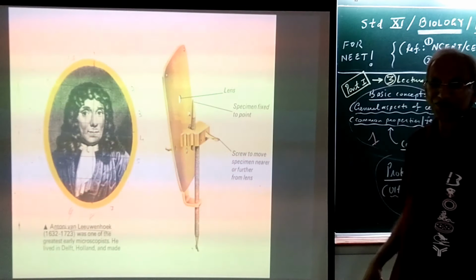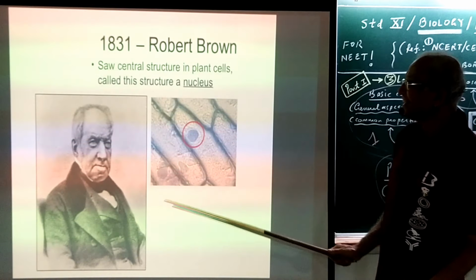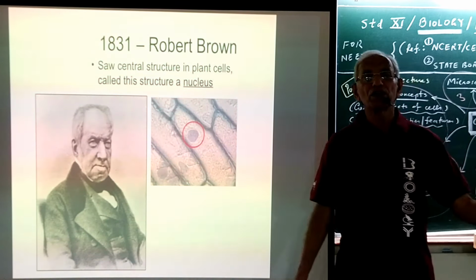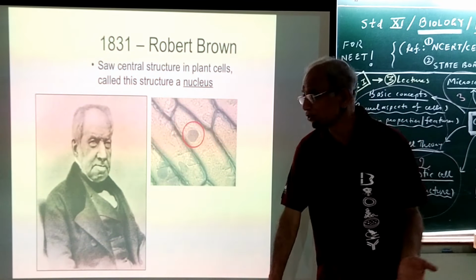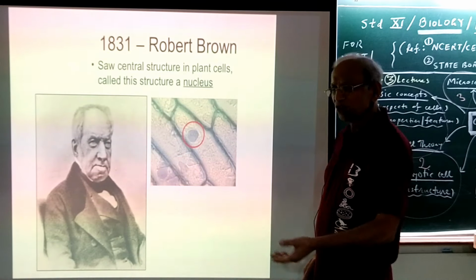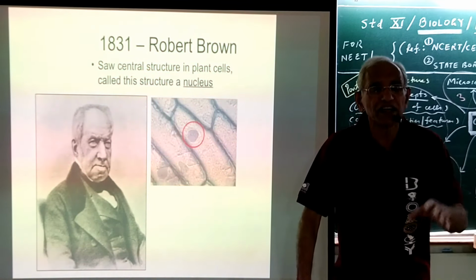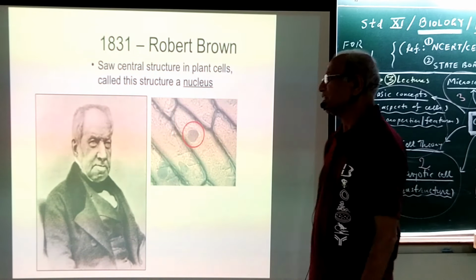Let's go ahead. Okay, he is not wearing a wig. Robert Brown. So, Brownian movement. He was also interested in physics and lots of other branches of science. In those days people did not unnecessarily differentiate between physics, chemistry and biology. They considered all sciences to be one.